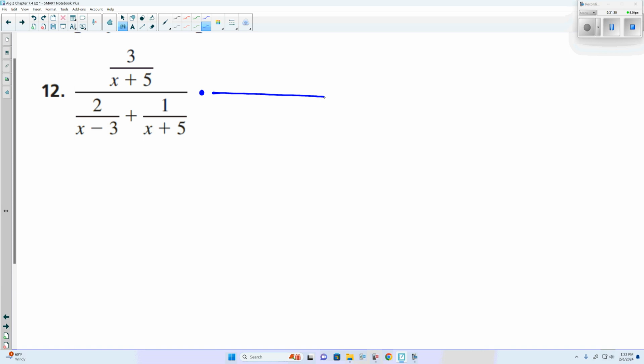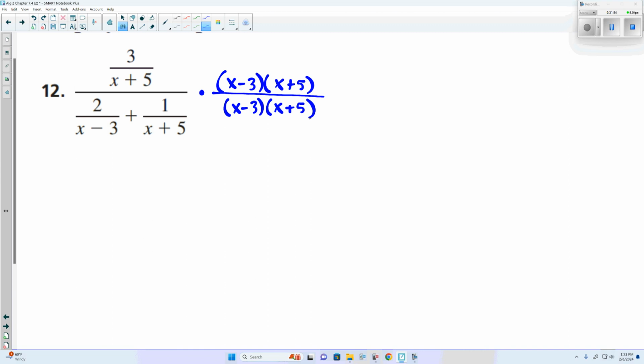What would you need to multiply the top and the bottom of this by? We would need an x minus 3 and x plus 5, just one time. Because in the numerator, we have x plus 5 in its denominator, yes? So we'll need one.